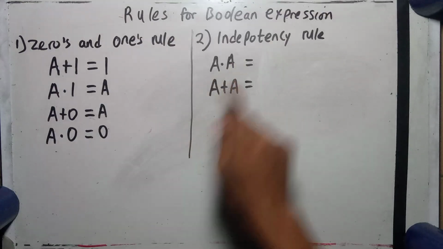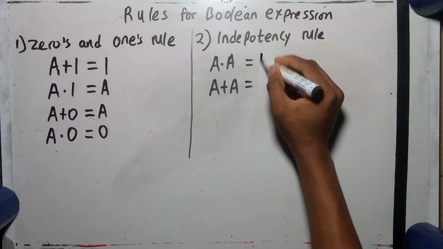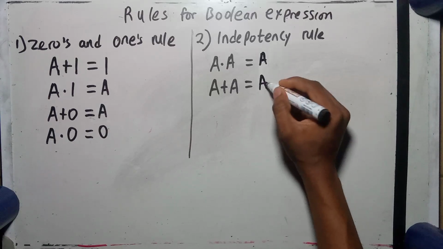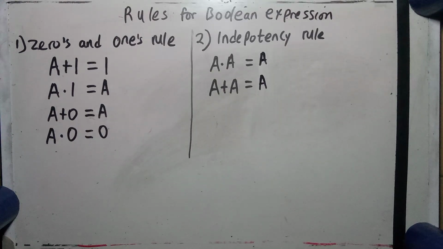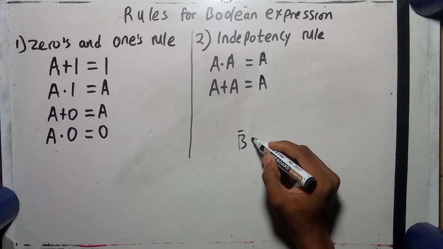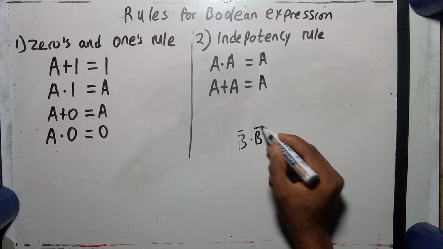Instead, A times A will give you what? A. And A plus A will still give you what? A. So we can say when like terms are multiplying and adding, they will still give us the same thing. So you can have B bar times B bar.